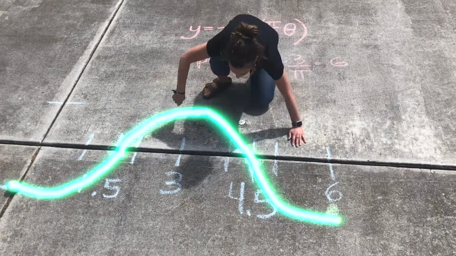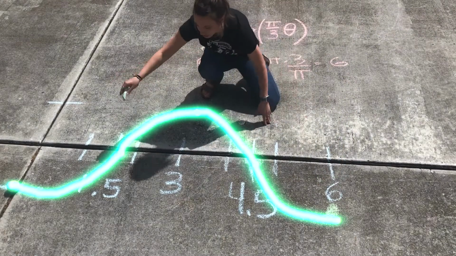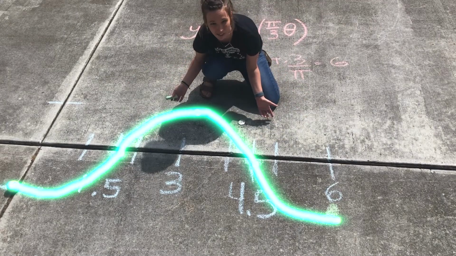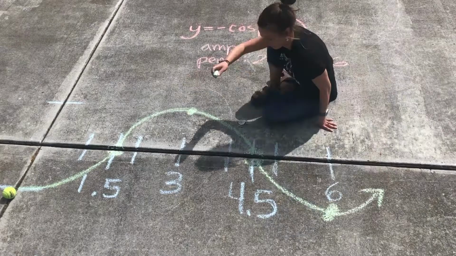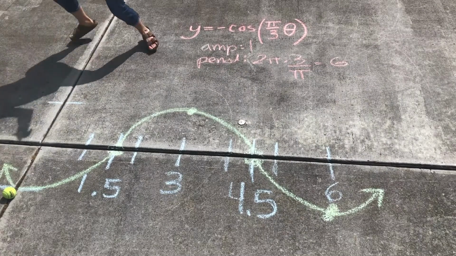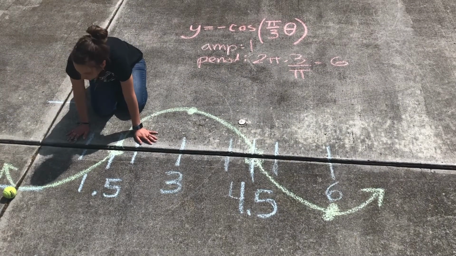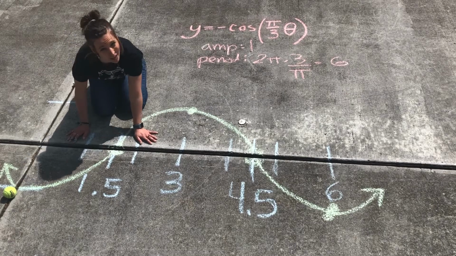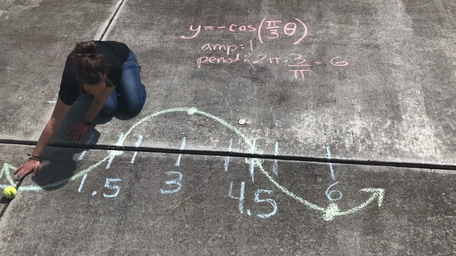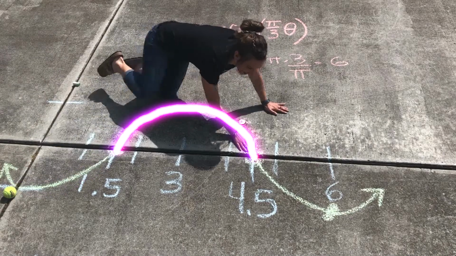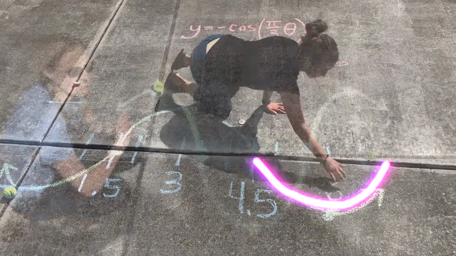I have my cosine pattern points this time upside down, so they look like a bell instead of a cup. Boom! Cosine. So we have negative cosine of pi over 3 theta. We started at -1. We got our concave up, concave down, concave up.